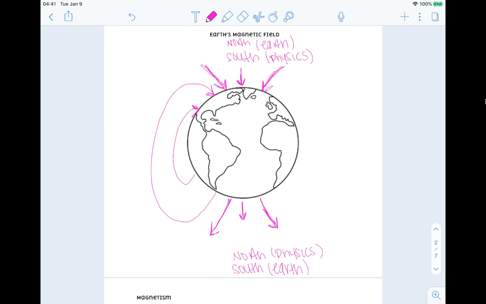And again, it looks something like this. It's, of course, on both sides. Again, you're not ever graded on how beautiful you're able to make these pictures. It's just as long as you can understand the concepts. So you're always going out from the north into the south. And again, south and north poles in terms of geographic and physics are different.